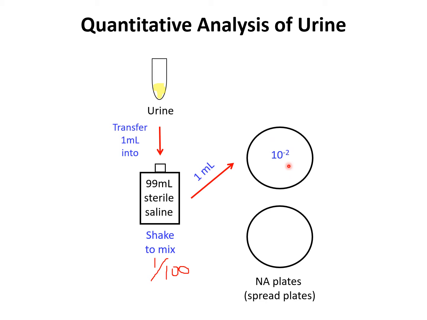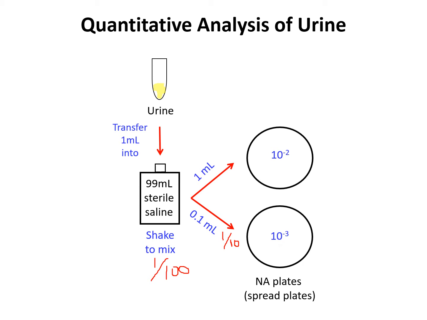And if you plate 0.1 mL, what is 0.1? 0.1 is another 1 over 10. So that means, if you count your zeros, 1, 2, 3, this plate's dilution factor is going to be 10 to the negative 3, or you can just think of it as 10 to the 3.